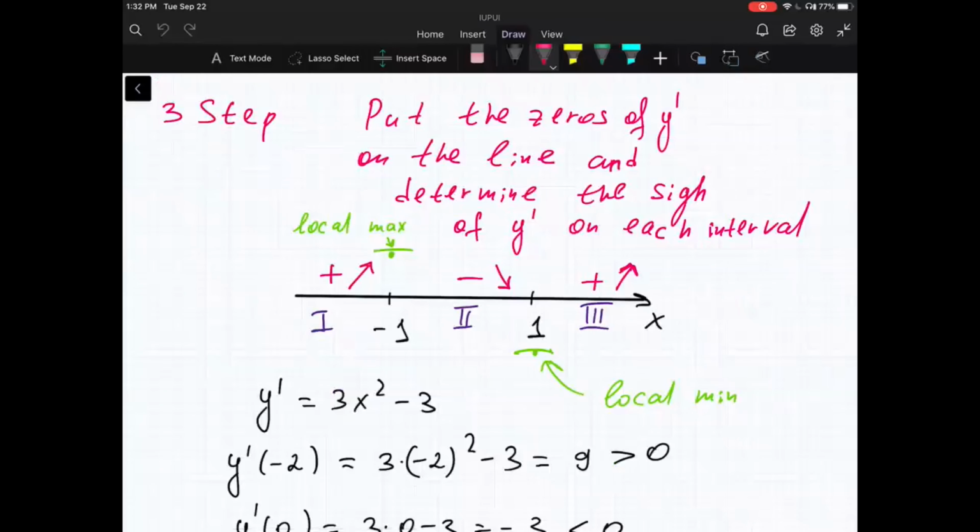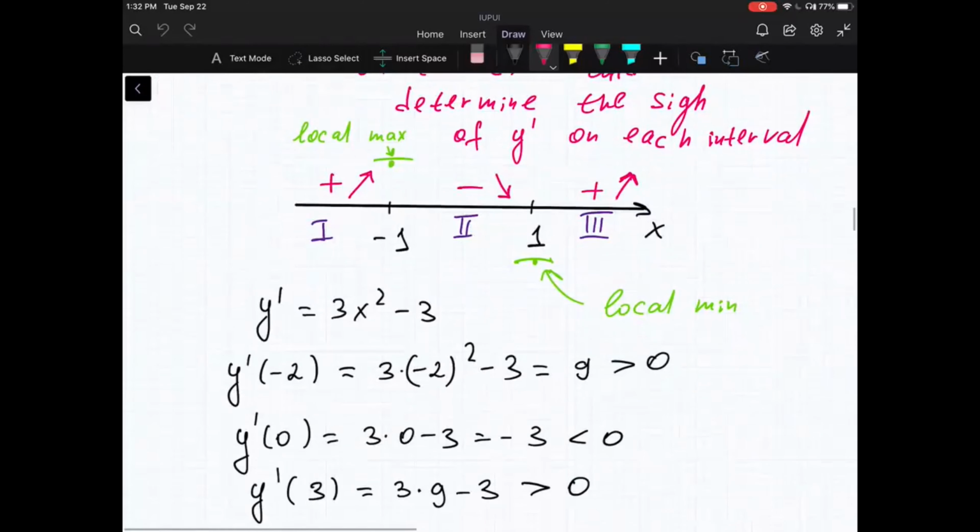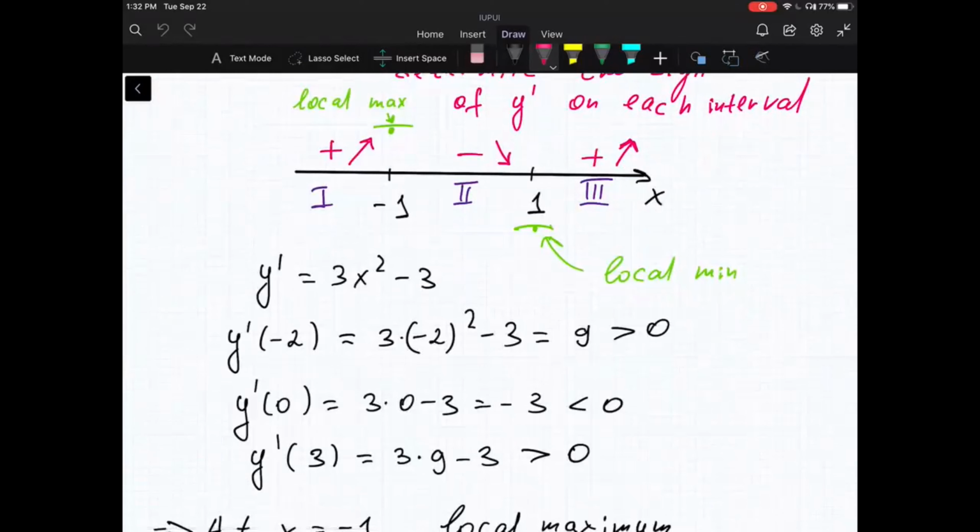In one case it's a local minimum, in the other case it's a local maximum, and we used the x line where we put the zeros of the derivative and then determine the sign of the derivative, and that gives us the information about local minimum, maximum and about increasing and decreasing intervals as well.